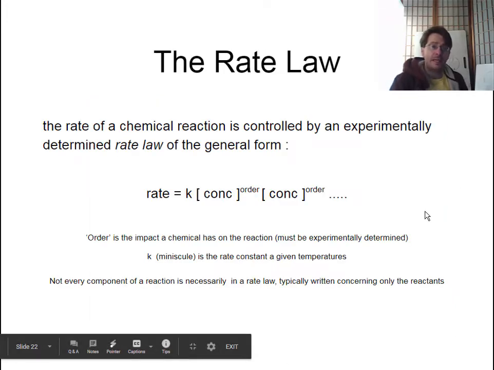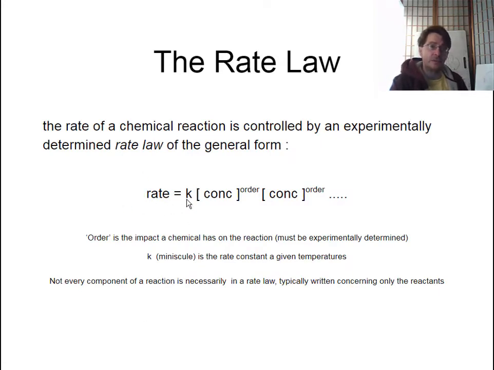The rate law has the very general form: the rate is equal to some constant, small k, times the concentration of one of the reactants raised to some power, times the concentration of another reactant raised to another power, etc., etc. And we always write this with respect to the reactants. And so for a reaction A plus B, we would write the reaction for those.